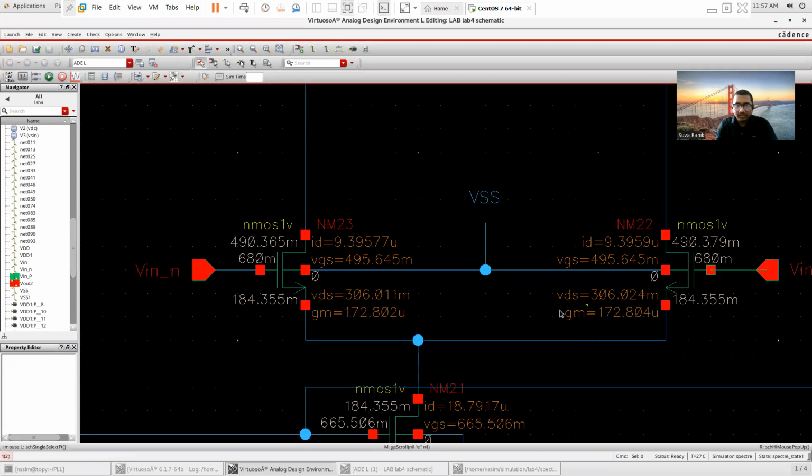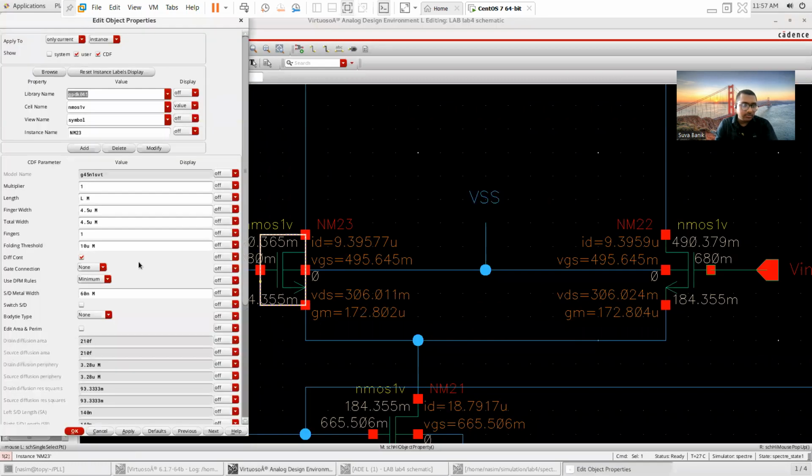If I start from the input stage, then you can see my total width is 4.5 micro. And from my calculation, you might find it 2.2 micro. I just increase this width because gain is related to my GM.